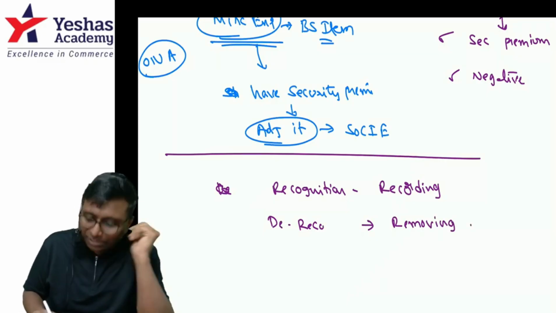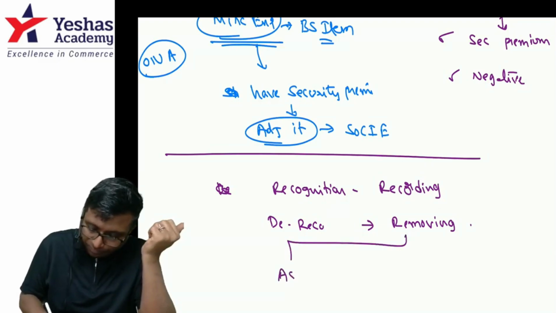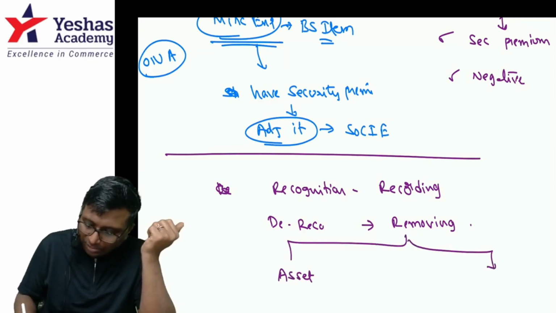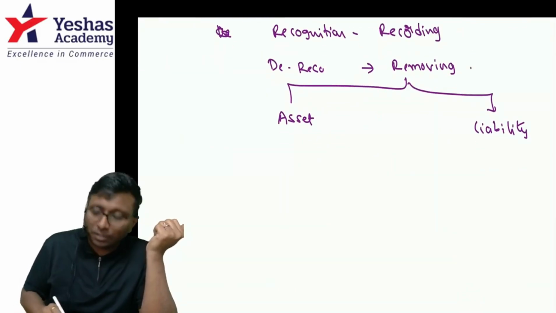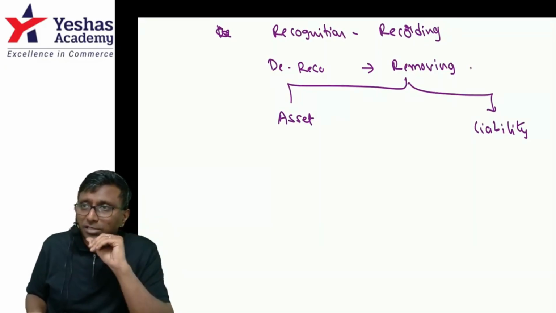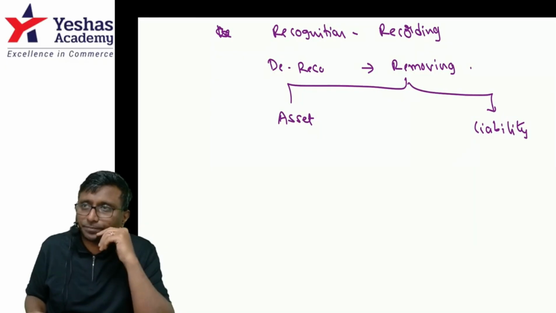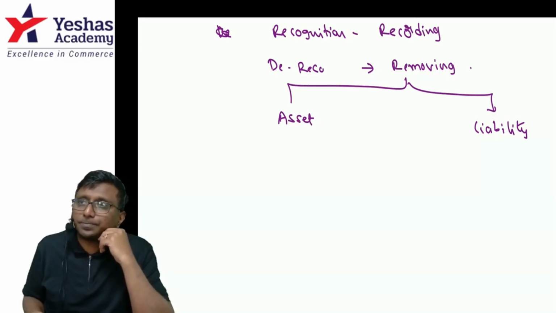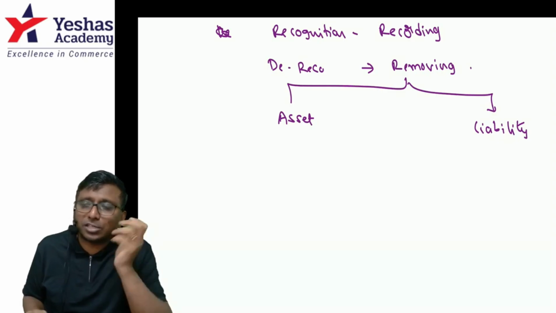When do you remove an asset or liability? When it is sold, we de-recognize. Okay, done. Any other way? When there is no future economic benefit. That is one way.